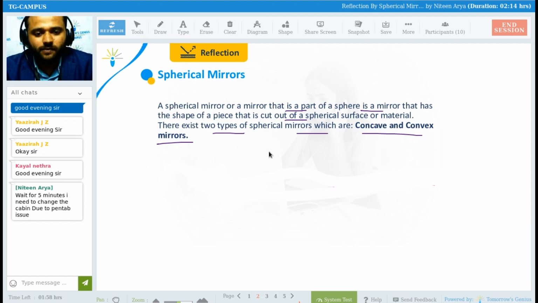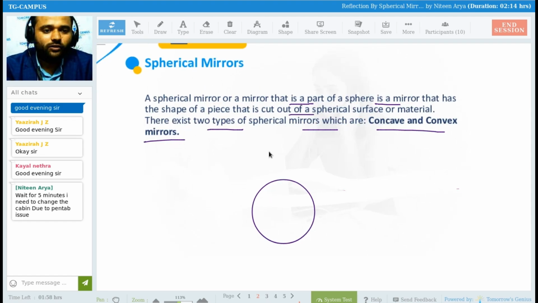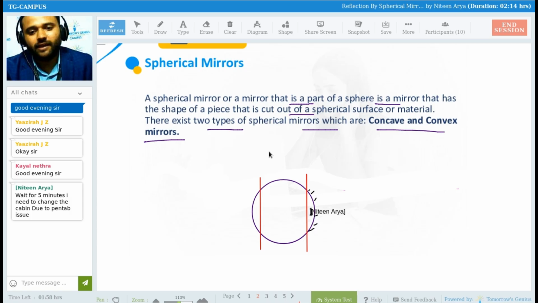If you forget, how do you remember? Simple, there is a sphere. If you cut that particular sphere, suppose you cut in this way, the main important thing is where you are going to apply a silver paint or a color. If you apply it on the outward part here, the first kind of mirror behaves as a concave mirror.